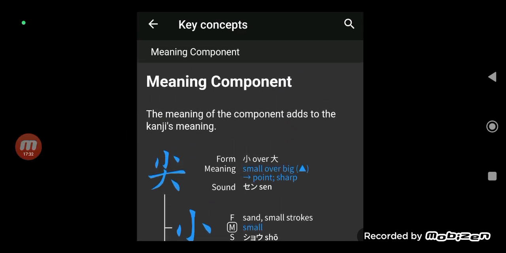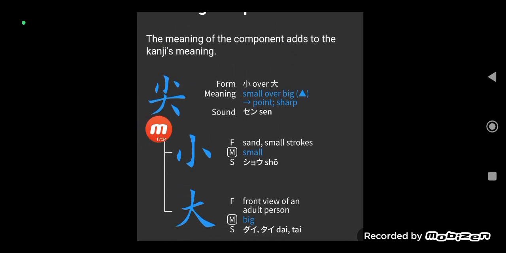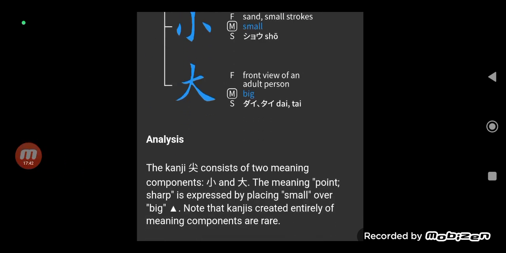So just like here, the top portion is small, the lower portion is big. So when these two meaning components combine, the kanji formed is expressed to mean point or sharp, apex or pointed object.